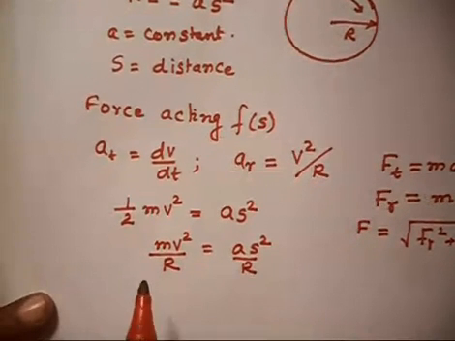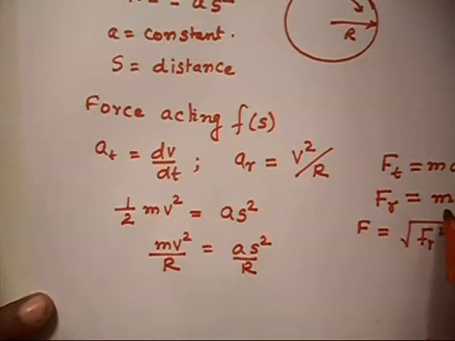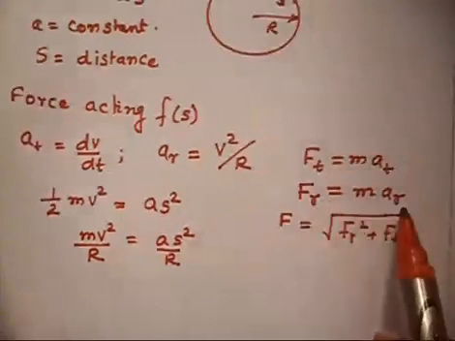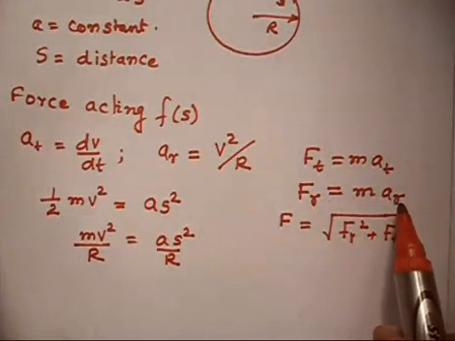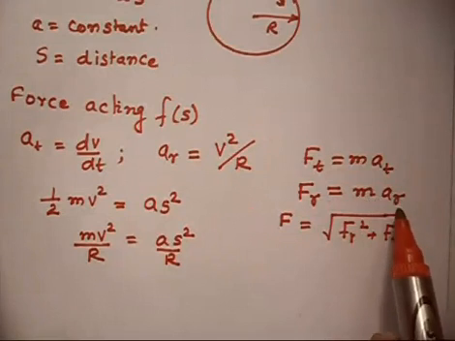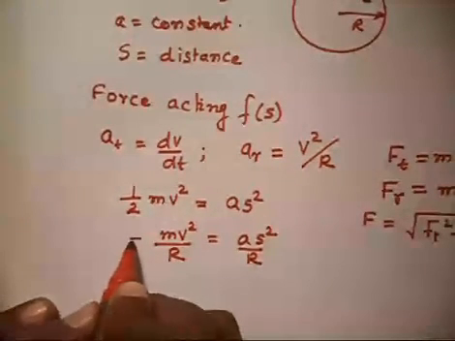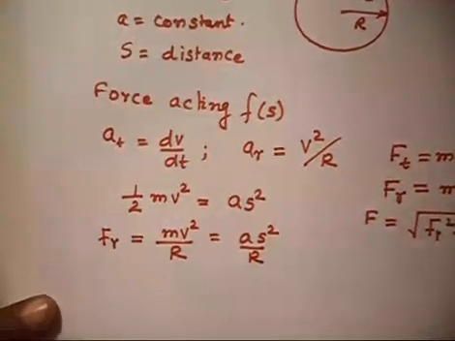This is the force along the radial direction, m into the radial acceleration v square by r.